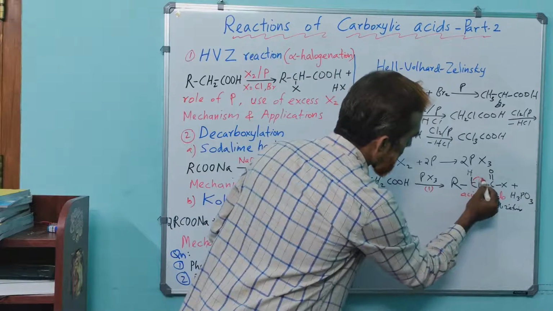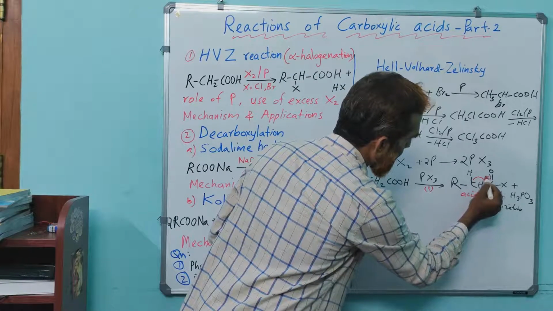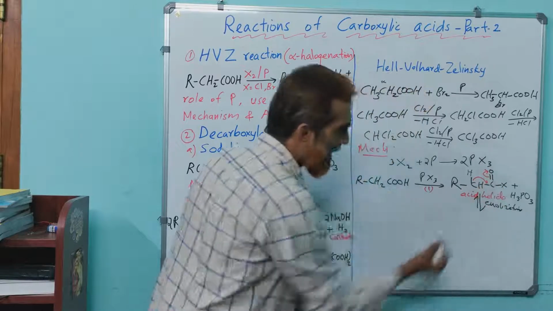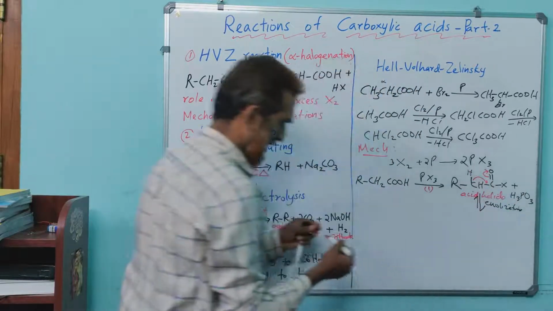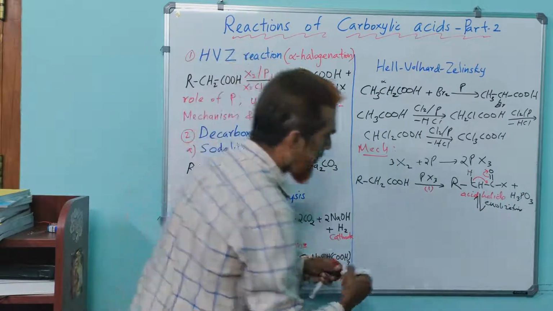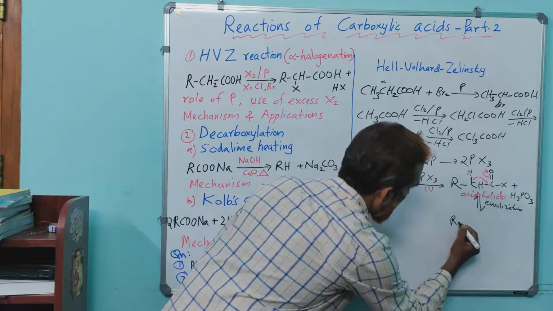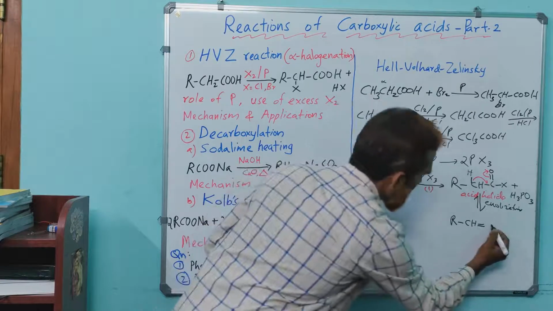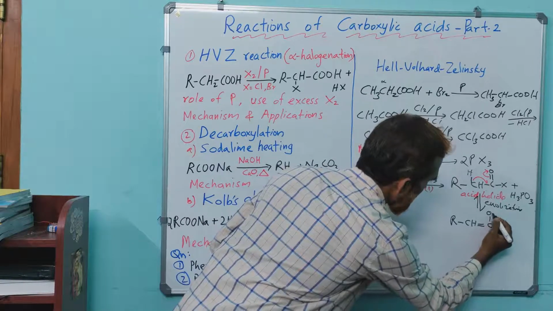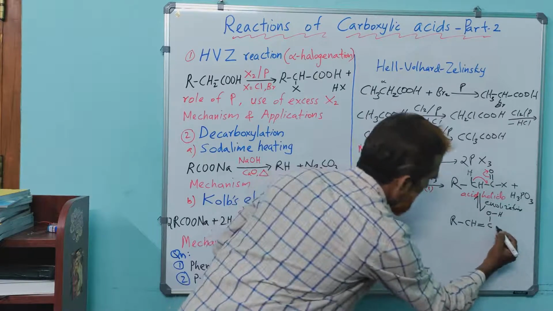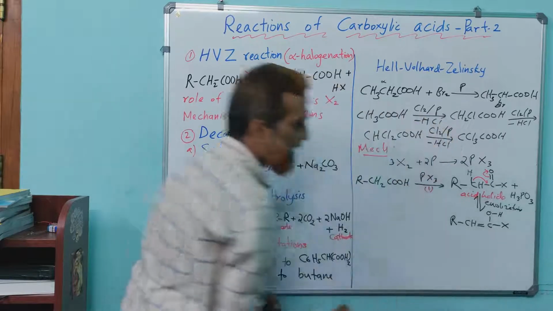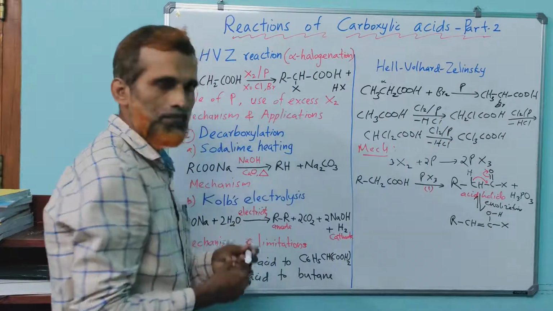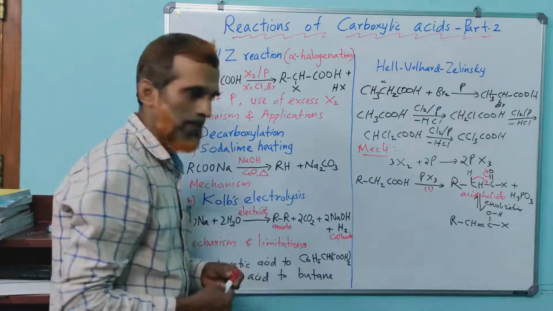This bond shifts here, this pi electron moves to oxygen, and this H plus will attach here. So what do you get? Now it is RCH double bond COH, correct? X. This is the enol form. Okay, so enolization takes place.